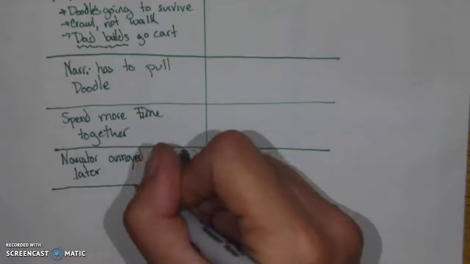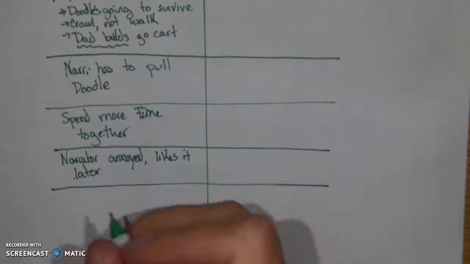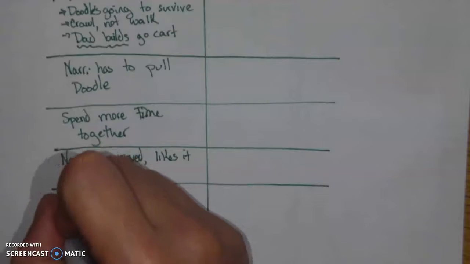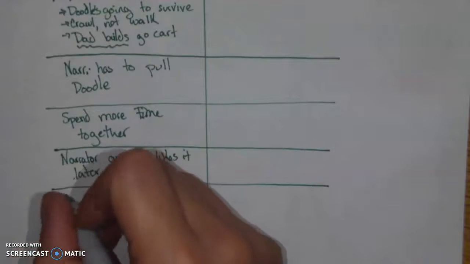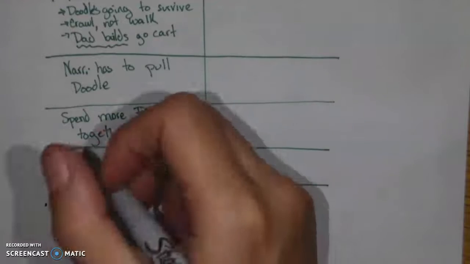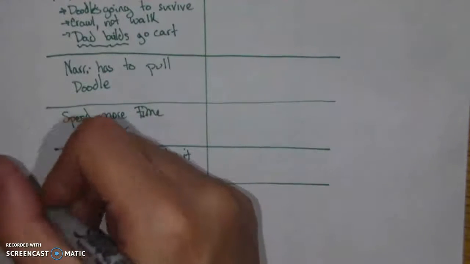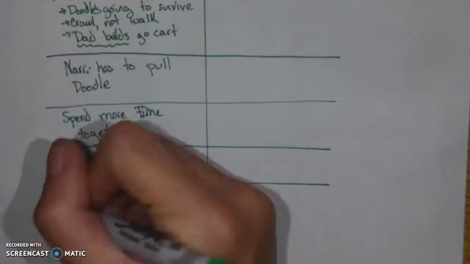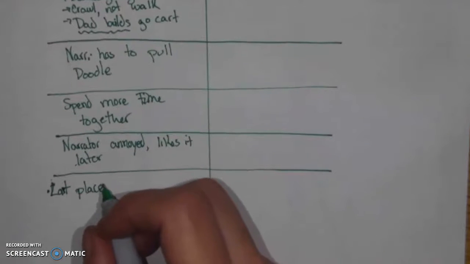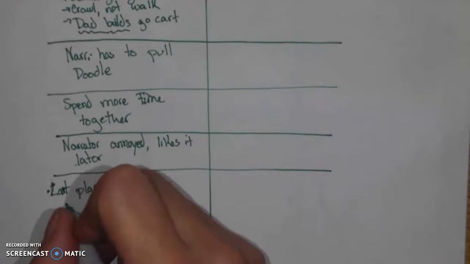And finally, I'm going to go all the way up until the last place that it's talked about. And that's going to be another key instance. The first and last place a symbol is talked about usually are going to give you some of the framework and really some of the biggest clues as to what the symbol means. And the last place that this symbol is talked about is when they put it away.